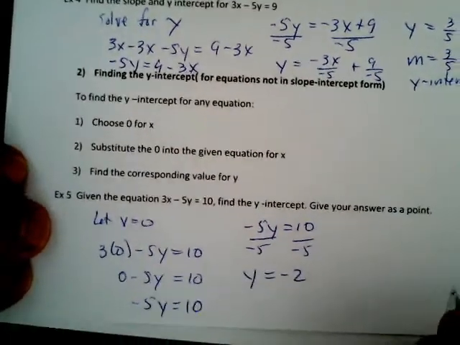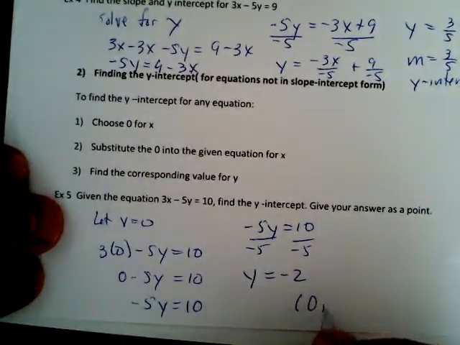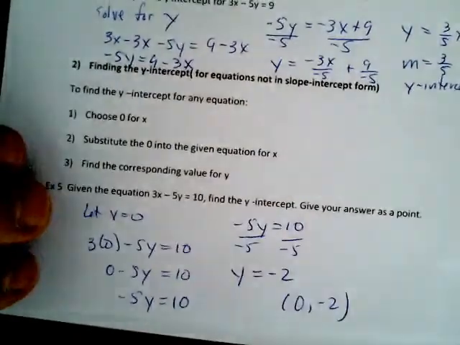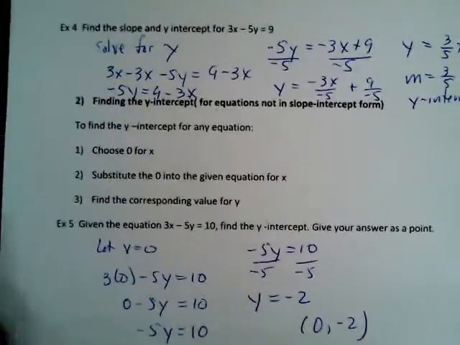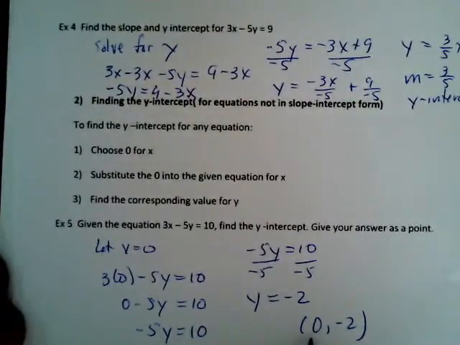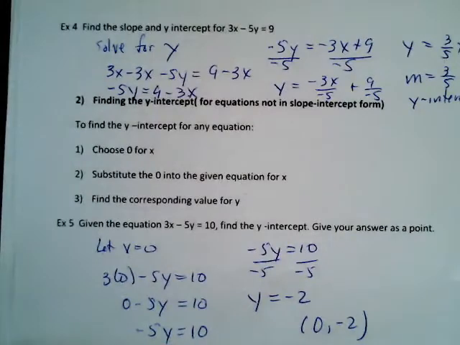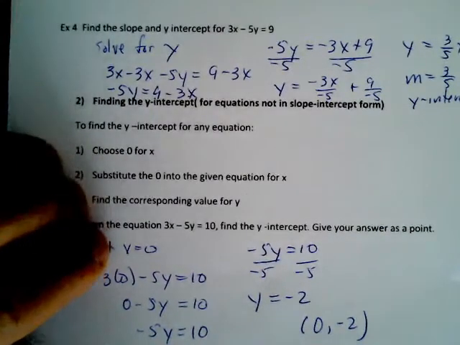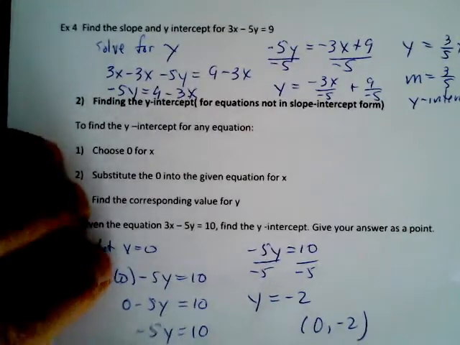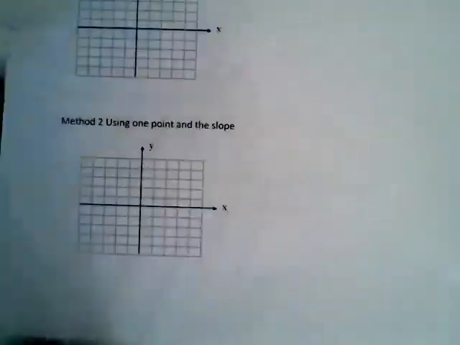And so y is negative 2. And this is just exactly what you do when you create a table of values for points. You let x or y be any number you want to, find the other, and then you have a point to plot. So just make sure that you put that in point form so you don't get confused between what's the x-intercept and what's the y-intercept.